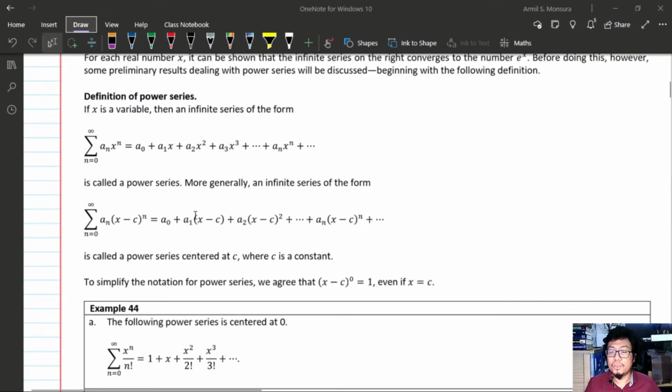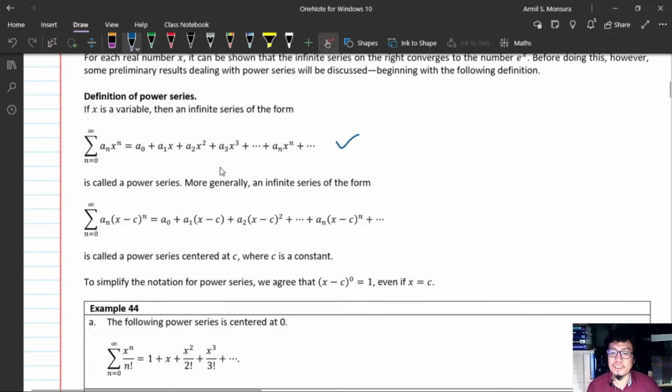So we'll do some preliminary work by defining some terms related to the power series. Later on we should be able to write out representations of your functions in terms of these power series. So let's define a power series. If x is a variable, then an infinite series of this form is called a power series, because it is a series in terms of the powers of x.